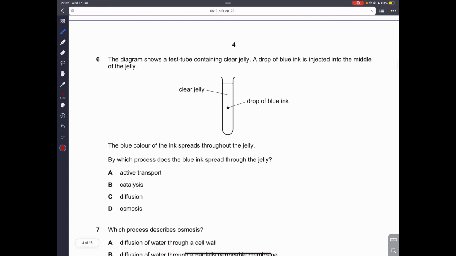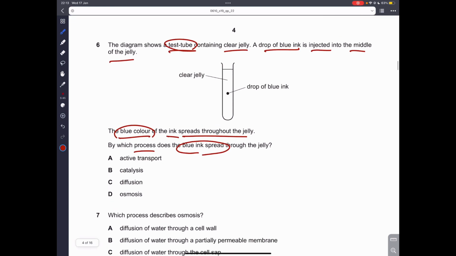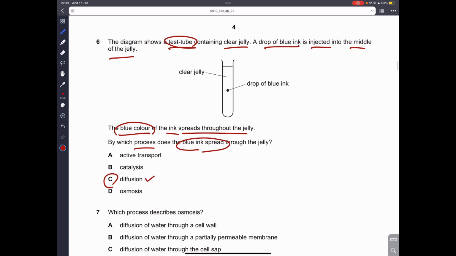Okay, question number 6. The diagram shows a test tube containing clear jelly. A drop of blue ink is injected into the middle of the jelly. The blue color of the ink spreads throughout the jelly. By which process does the blue ink spread? Now this is clearly a demonstration of diffusion occurring, because the ink that is very concentrated in this one drop is going to spread around in this jelly substance.